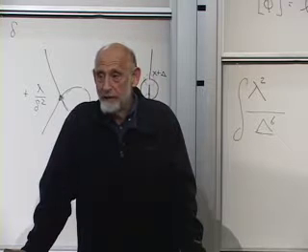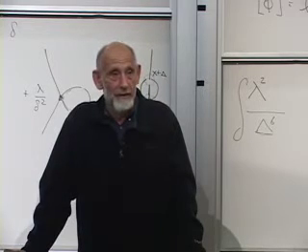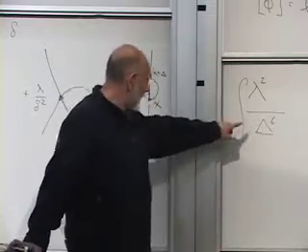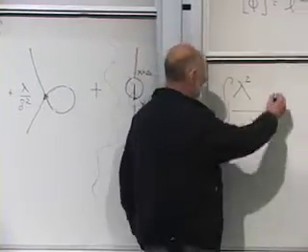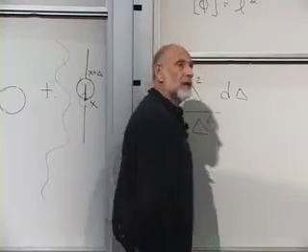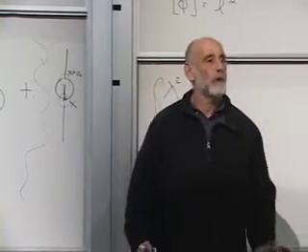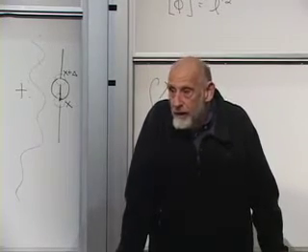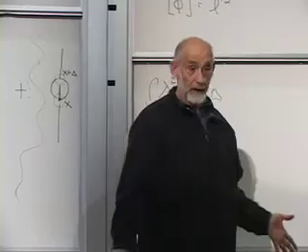We have 1 over delta to the 6th, but now we have to integrate over delta. But what does an integral over delta mean? It means an integral over the 4 space-time coordinates of delta. Delta is a 4 vector.